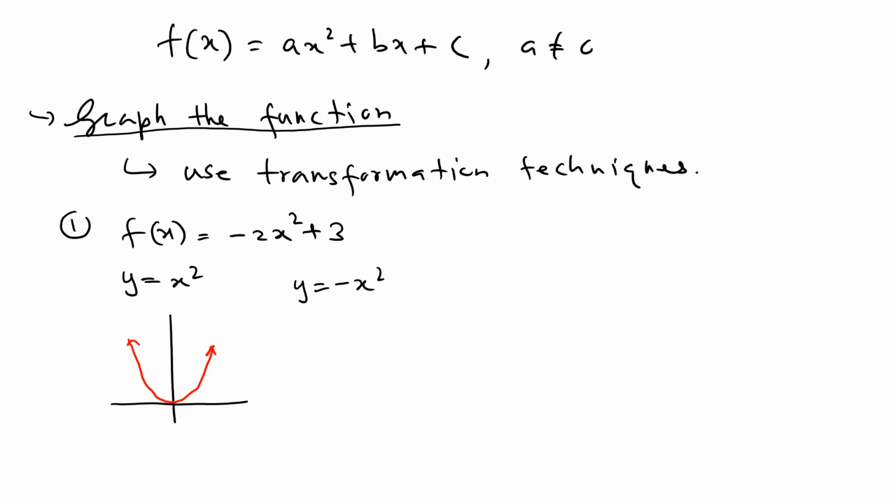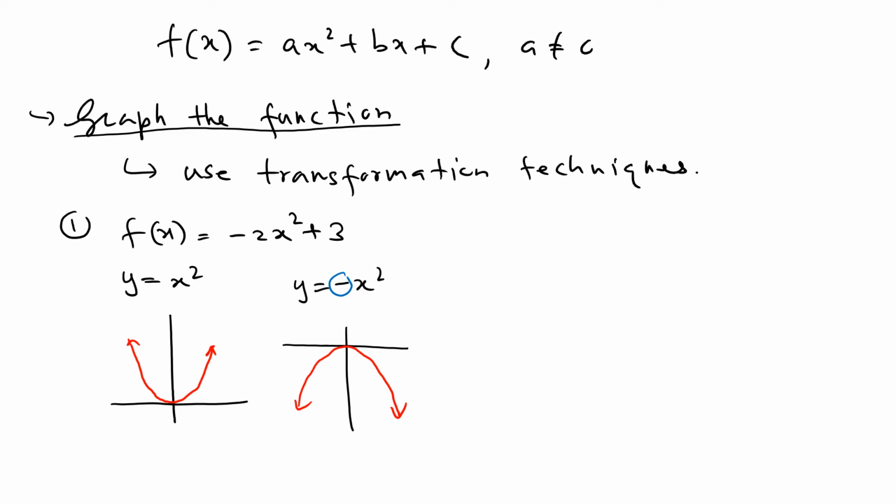That means you flip the graph about the x-axis, because the negative is outside, and outside means a vertical change. So I'm going to lift the axis just to show the flip. It's going to flip over the x-axis, so it's going to go like that. That's what happens when you multiply by the negative sign.